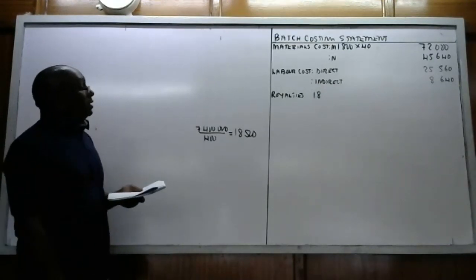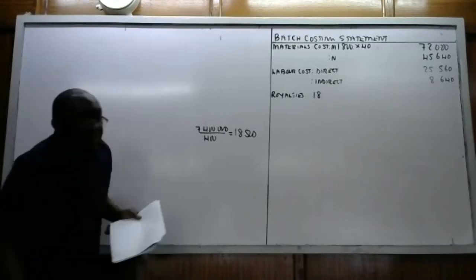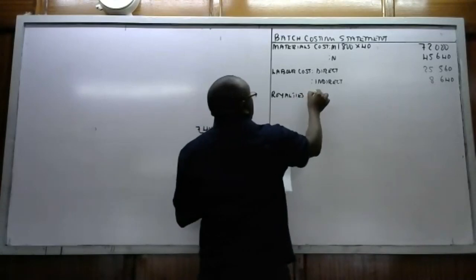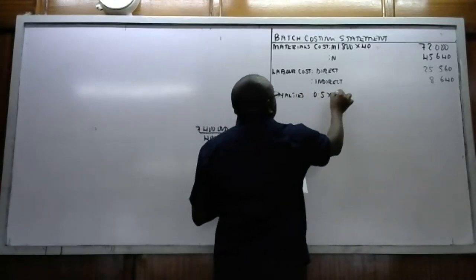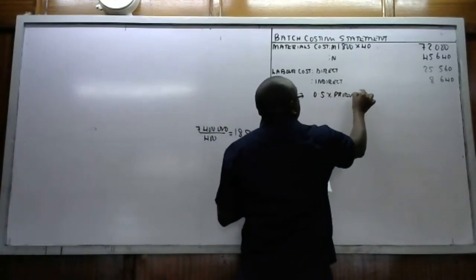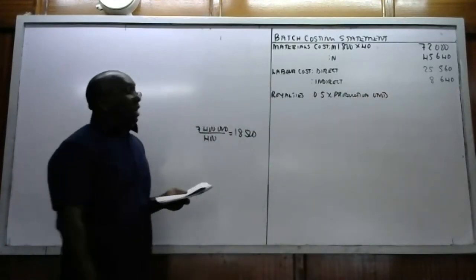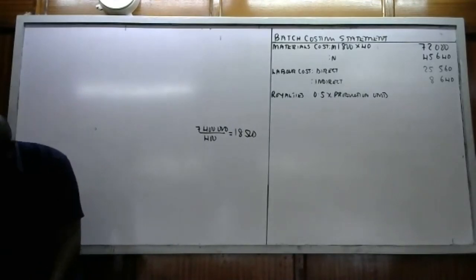You have to multiply by 0.5. I would have said 0.5 times production units, which we do not have.